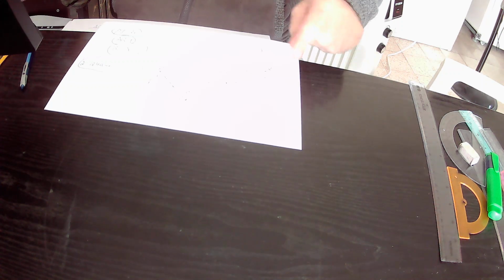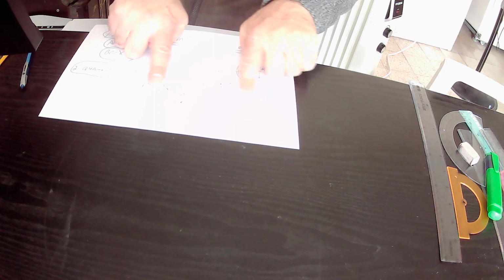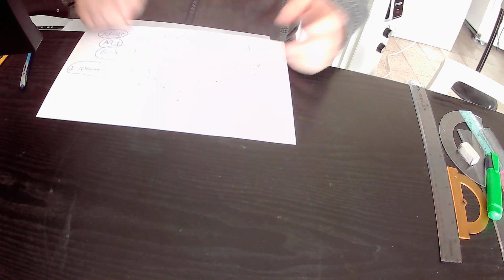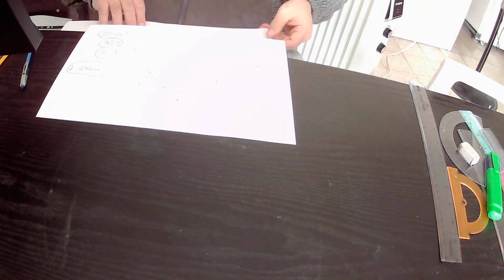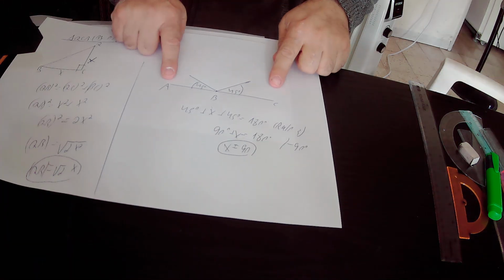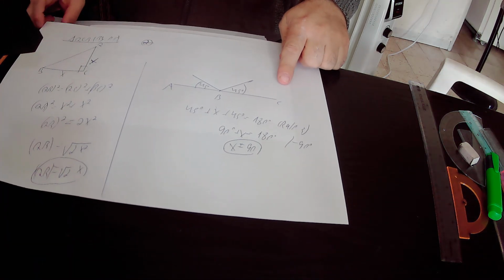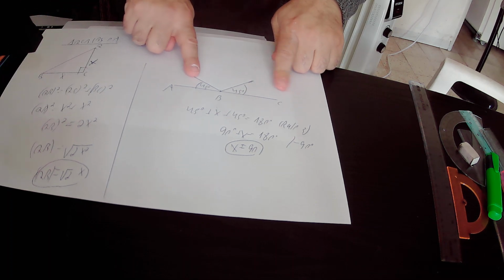Why? Because if we focus on the upper side of the straight line AC at point B, the sum of the angles must be equal to 180 degrees according to rule number 3. So I copied the straight line AC here, and which angles do we have at the upper side of AC at point B?